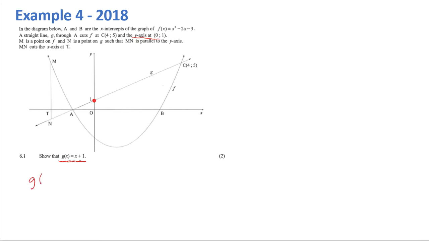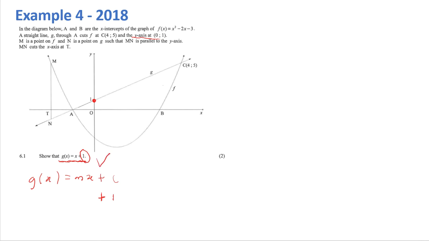If I write down the general equation of a straight line, mx plus c, that m is the slope of the line, okay? And the c is where it crosses the y-axis. So I'm already given that value in the beginning. That equals 1, right? So this part here we've already checked, and it's correct.